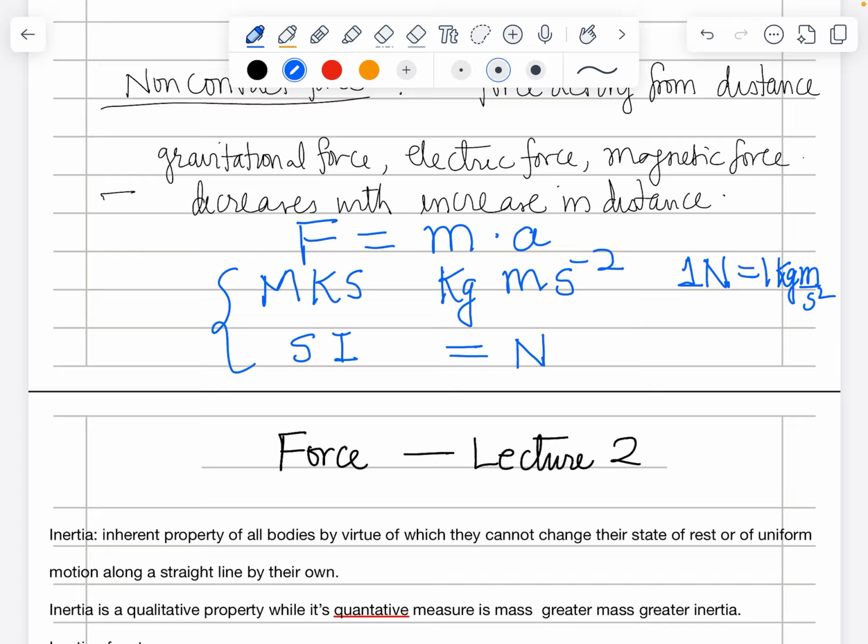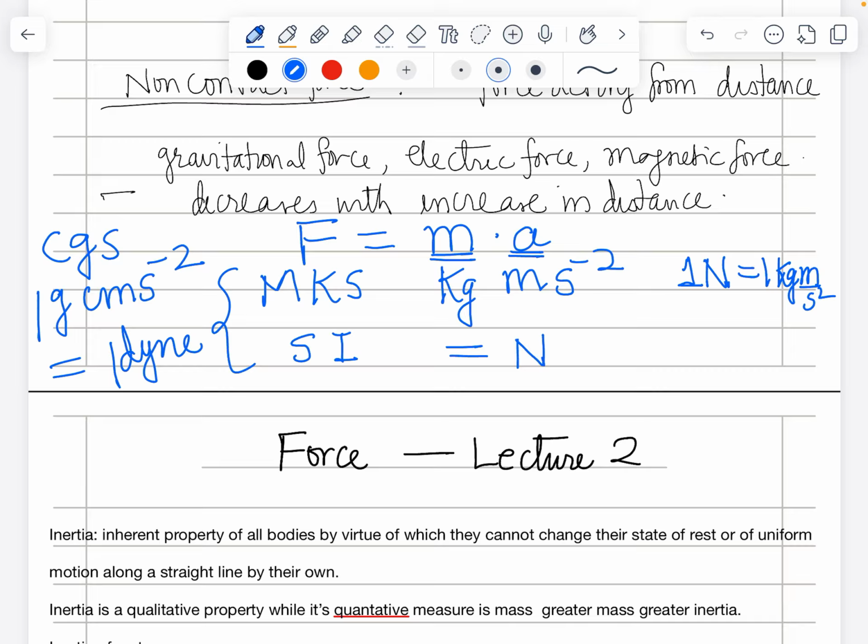Then there is the CGS unit. What is the CGS unit? The unit of mass is gram, and acceleration is centimeter per second square, and we also call it dyne. 1 dyne equals 1 gram centimeter per second square.